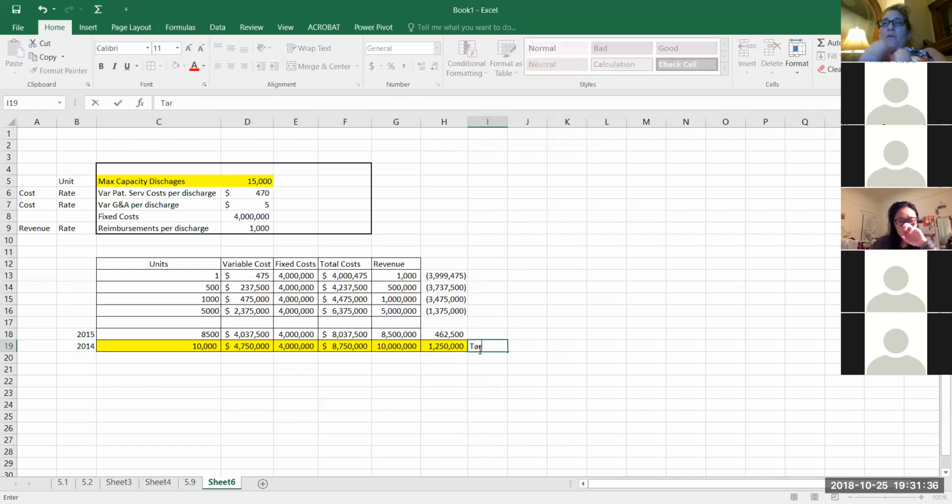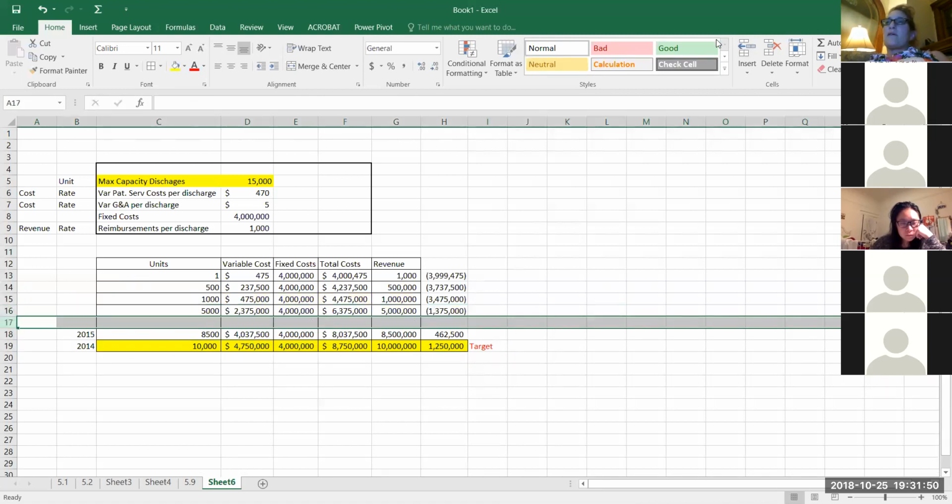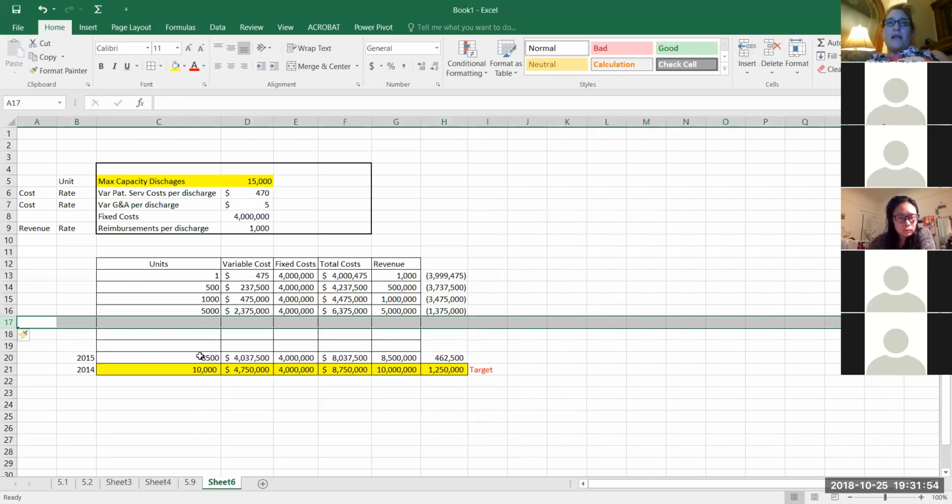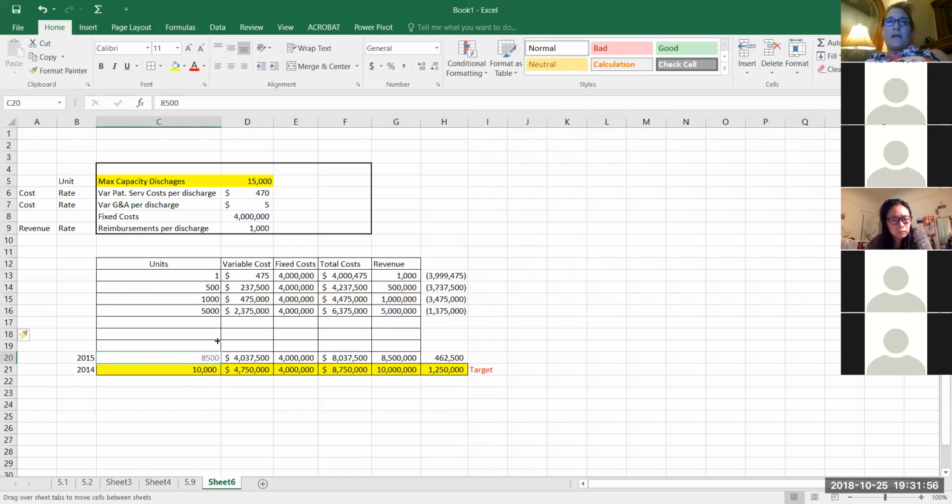Here's what we want to earn, our target profit. There it is. That's what we're hoping for. Now, we have to come up with some scenarios to figure out what we need to do to get that target profit. And we know what our units are, because those are fixed, 8,500. So I'm going to assume that stays the same, right?